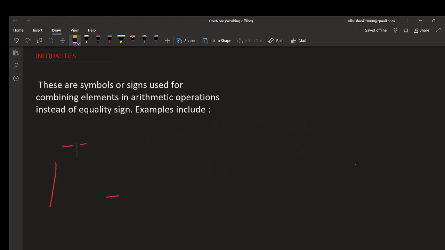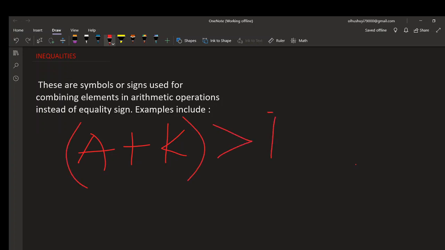If you have any value, like a plus b is greater than p, or let me use a plus k, let me put this in brackets, is greater than p.